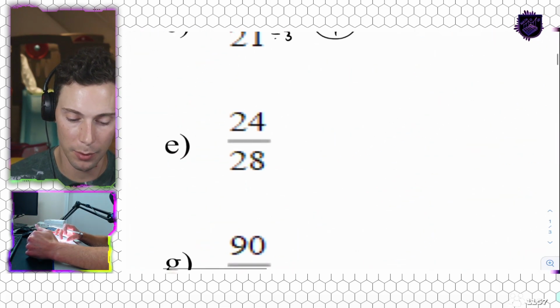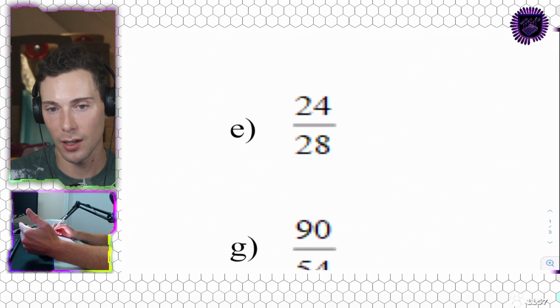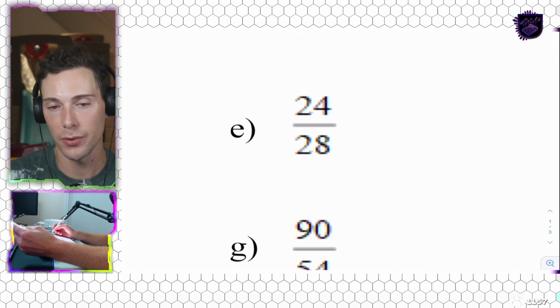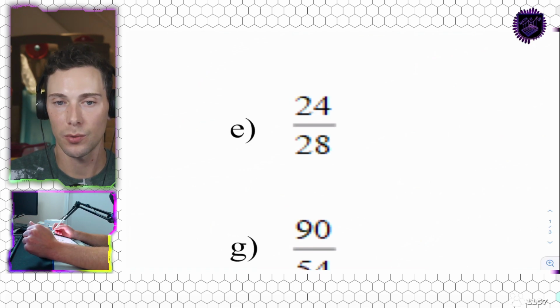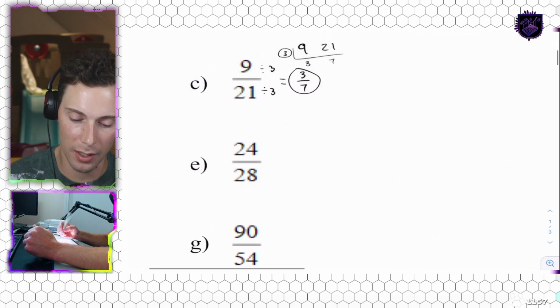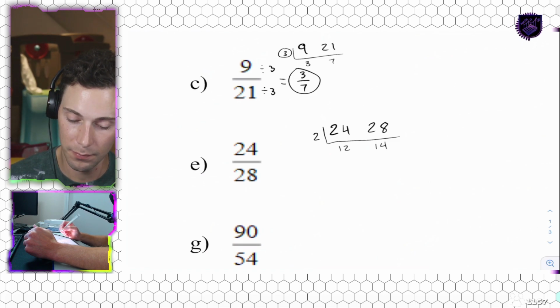No problemo. So 24 over 28, greatest common factor of these two numbers. Interesting. 24 and 28. Let's do our ladder method. 24, 28, just to be sure. 2, that's going to be 12 and 14.